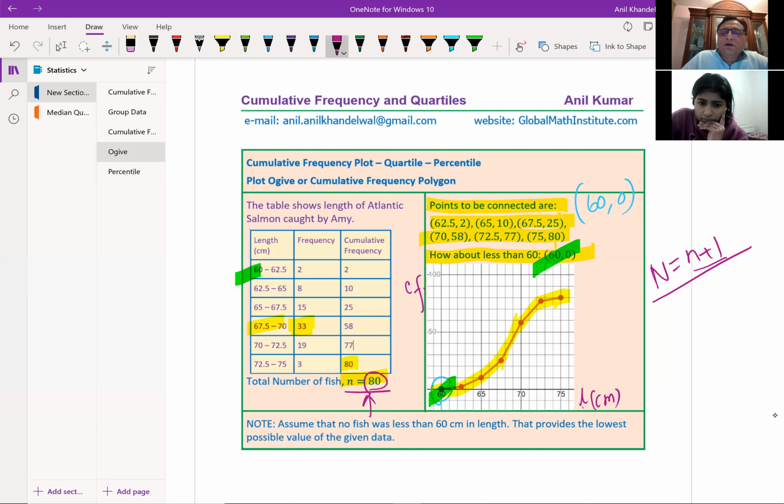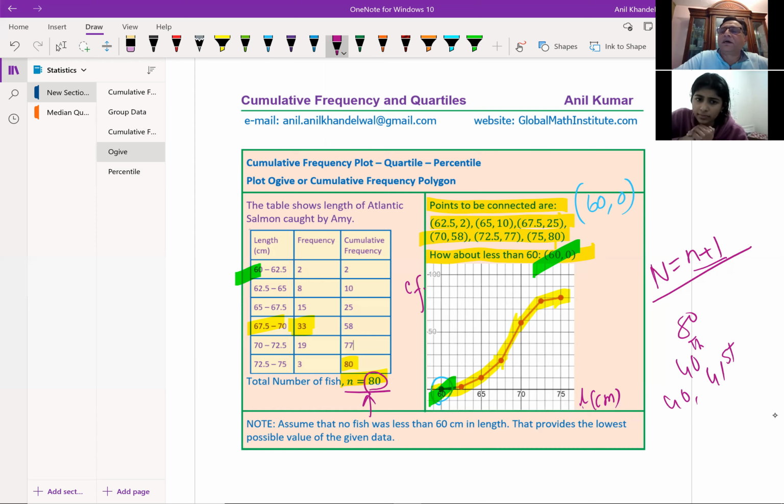So if there are 80 elements, actually speaking, the 40th element is not the middle value. The middle value is between the 40th and 41st element. So exactly speaking, yes. But because it is a graph which is estimated, and for easier calculations, we use the even number, 80 in this case.